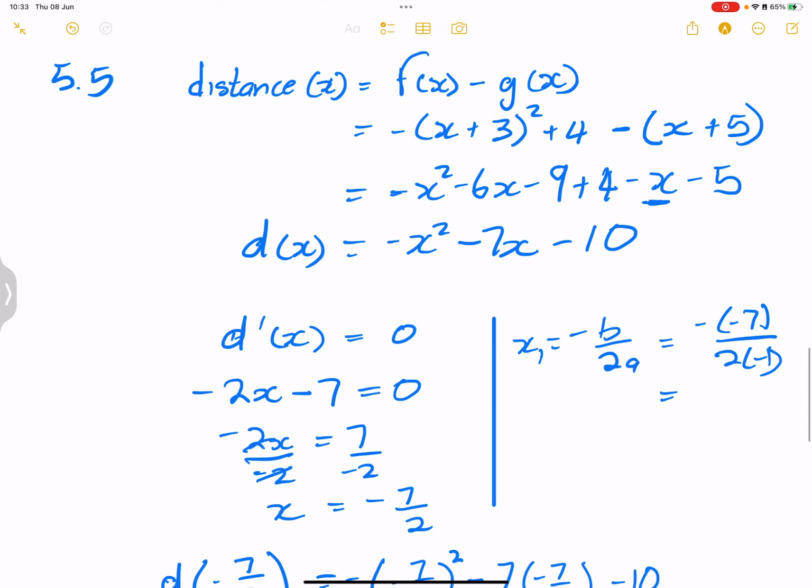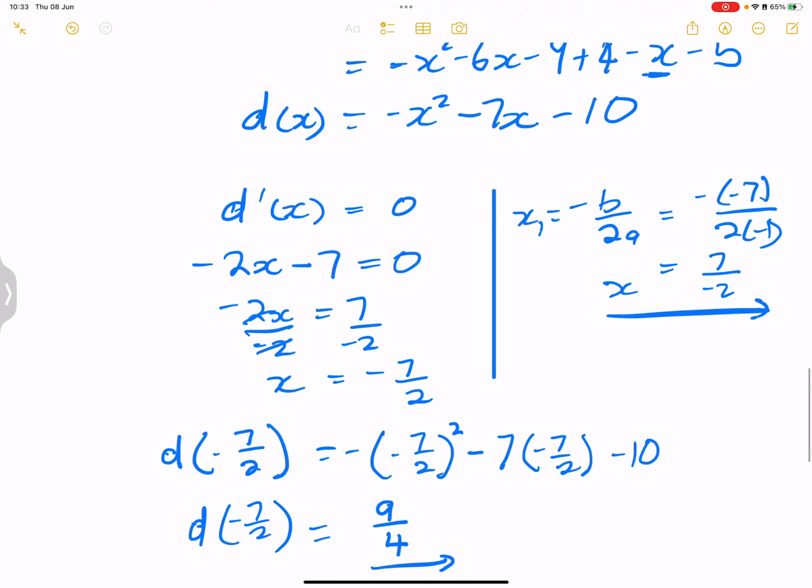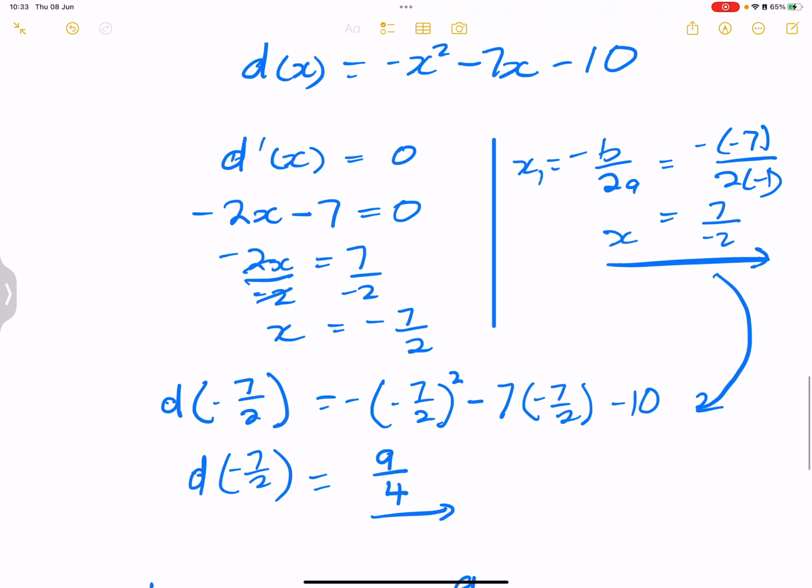And you could have also gotten the very same value, which would be 7 divided by negative 2, which is the same as negative 7 over 2. So you can go either route, but once we're done with that, we can go and substitute to get the maximum distance.